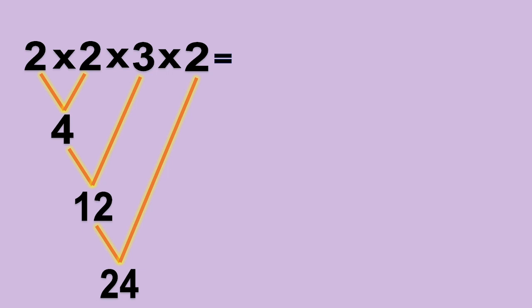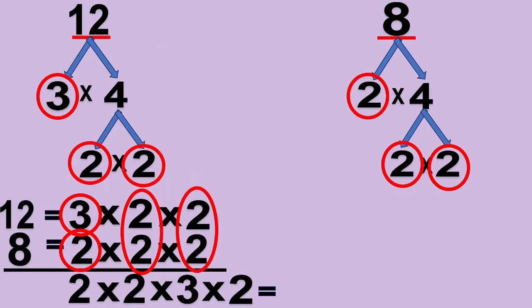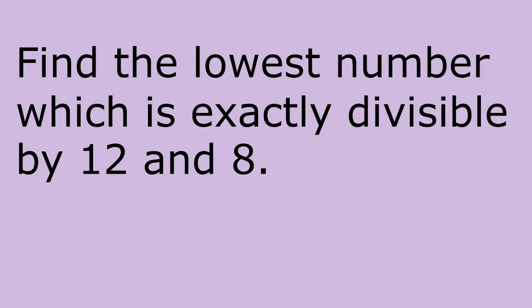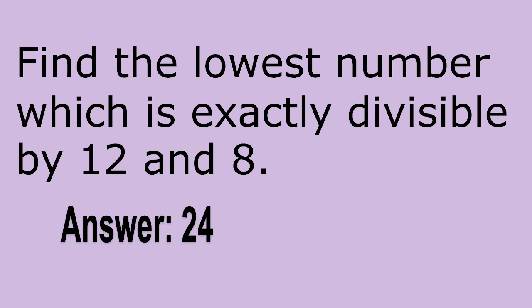So, the answer is 24. 2 times 2 times 3 times 2 is equal to 24. The LCM is equal to 24. The lowest number which is exactly divisible by 12 and 8 is 24.